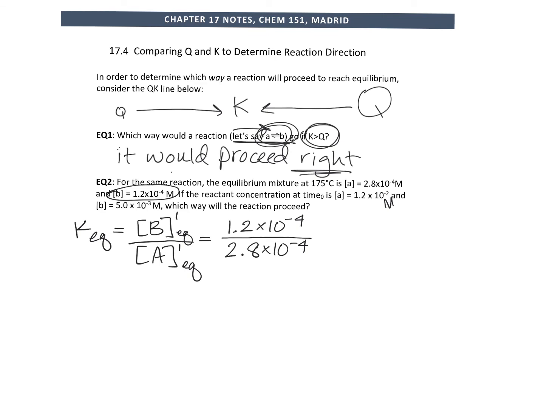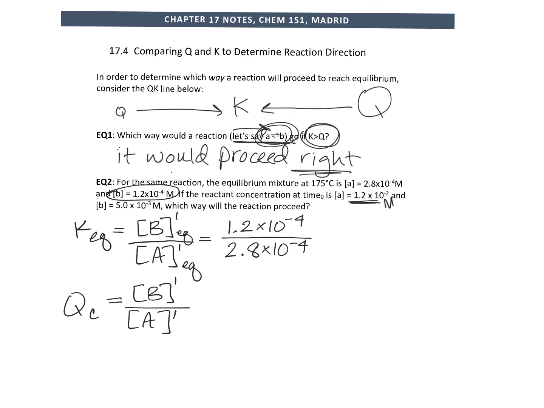Let's do the same exact setup for Qc. So Qc will also be concentration of B to the power of 1, but not at equilibrium, divided by the concentration of A to the power of 1, not at equilibrium.